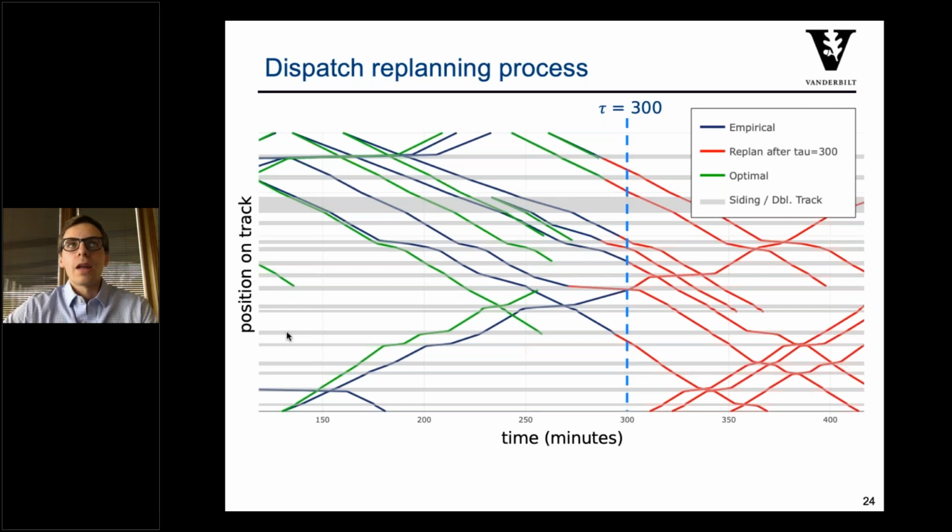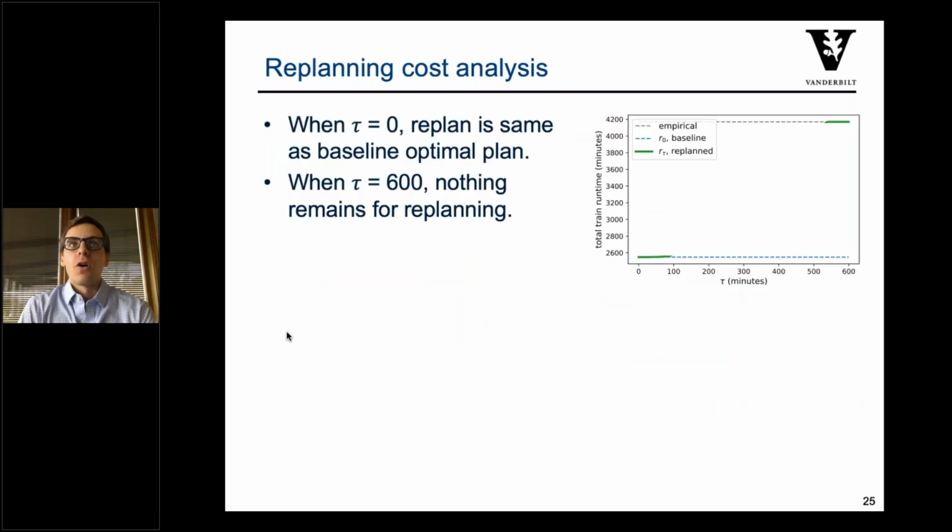And so we can look at this replanning process, not just for one point in time, but as it evolves across a full time period. So taking the extremes first, at tau equals 0, the network has not evolved at all.